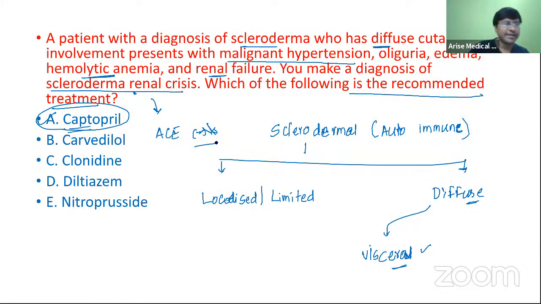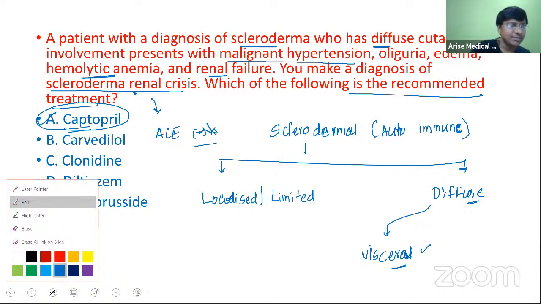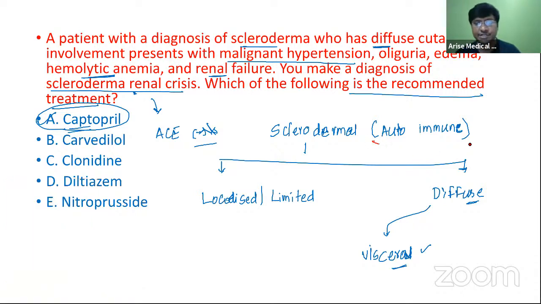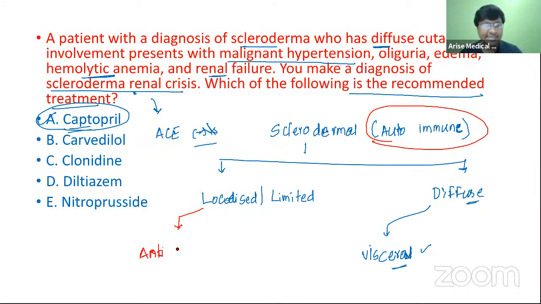So in scleroderma renal crisis, please remember you need to give ACE inhibitors. And you should also know the antibodies, because it's an autoimmune disease. In limited scleroderma, the antibody is anti-centromere antibody.